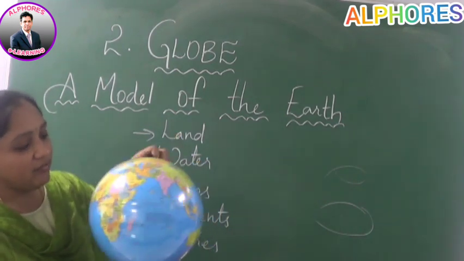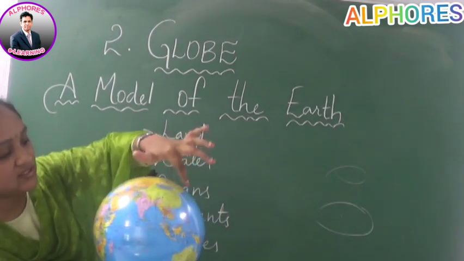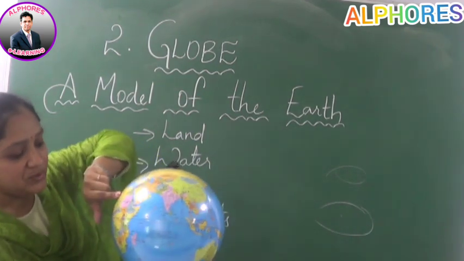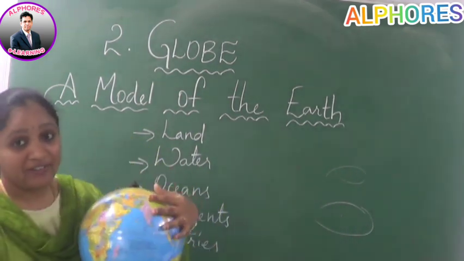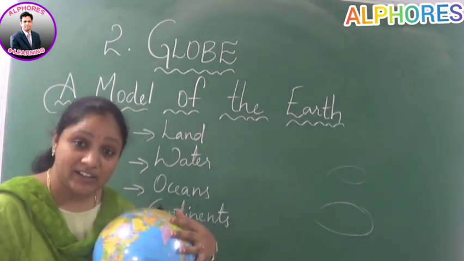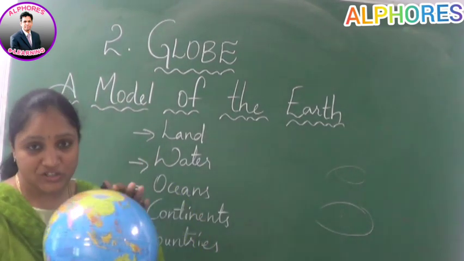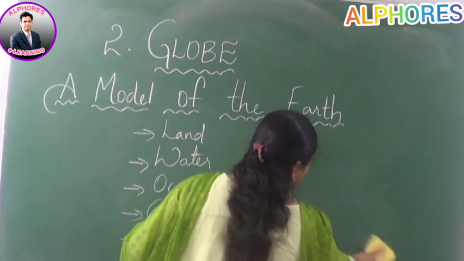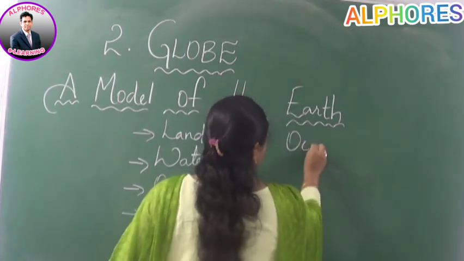See children, whatever you are seeing now is the world. As you all know, we have 7 continents as well as 5 oceans. What are the 5 oceans we have, children?